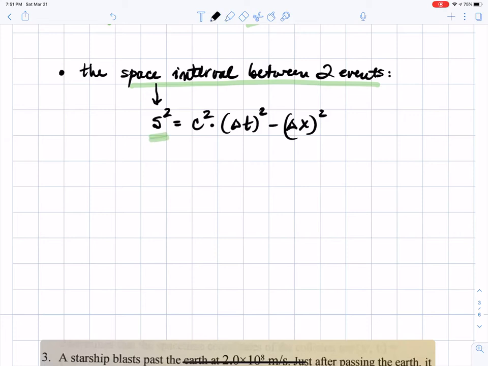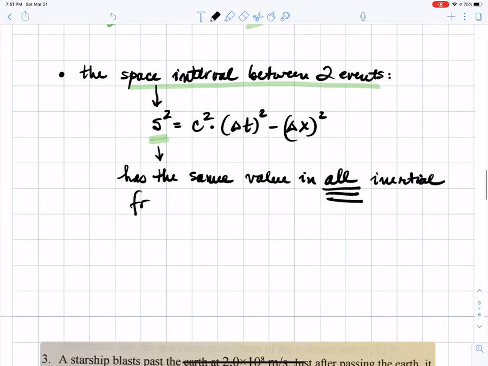What is important about this is that it has the same value in all inertial reference frames. So it's an invariant, just like the speed of light. Remember that. The next problem has to do with invariance. So s has the same value in all, I'm going to triple underline that, inertial frames.